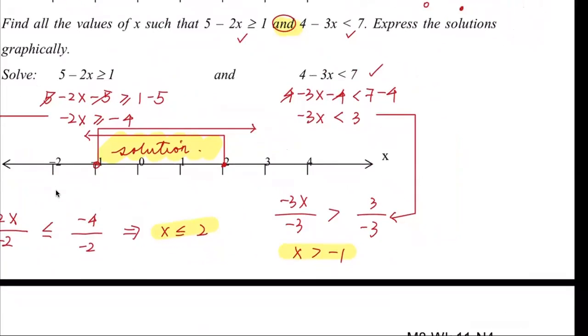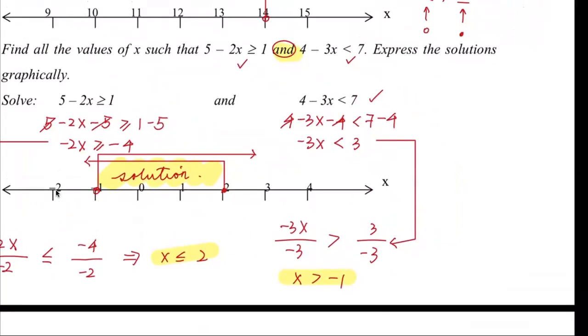And when we have this kind of inequality system, we call this an inequality system, okay, when we have more than one inequality, we tend to try to write the solutions in one inequality. Okay, so x is smaller than or equal to 2, and x is greater than -1.